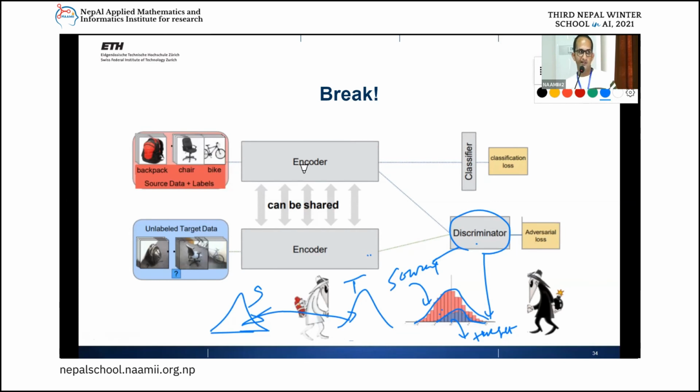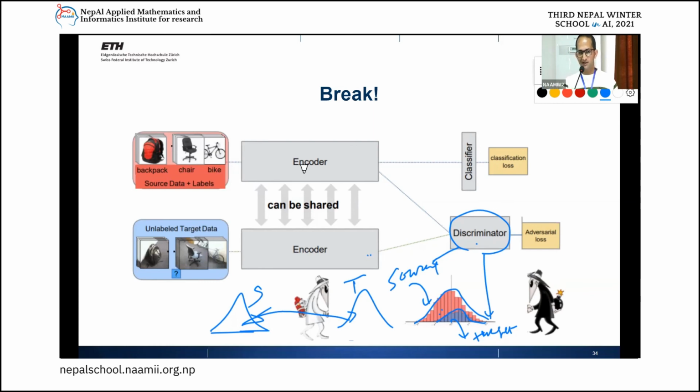When the distributions of the source and the target samples look the same, then this discriminator cannot say where it comes from. And that's what happens to be the Nash equilibrium, that you're confused. You cannot say where it comes from, right?